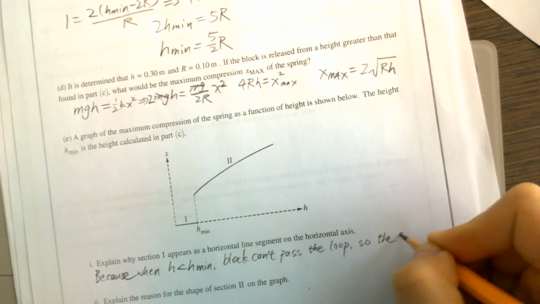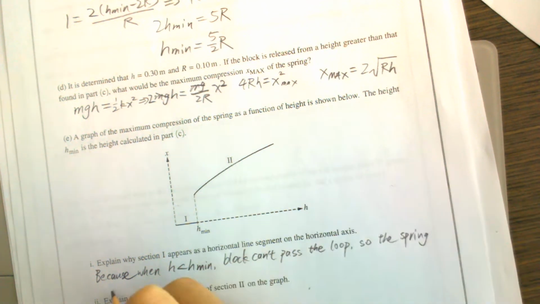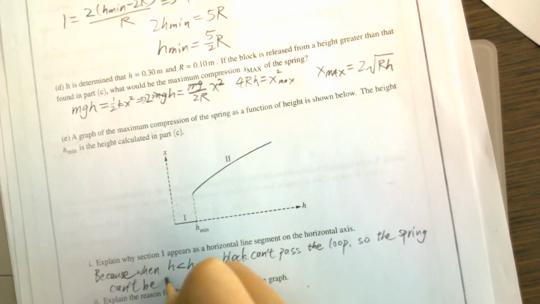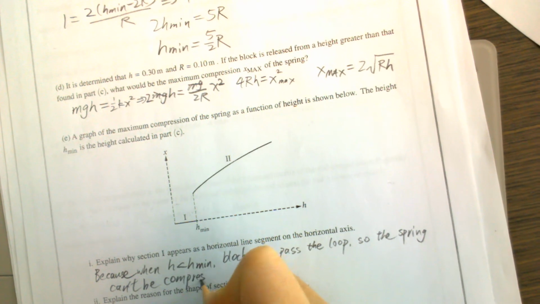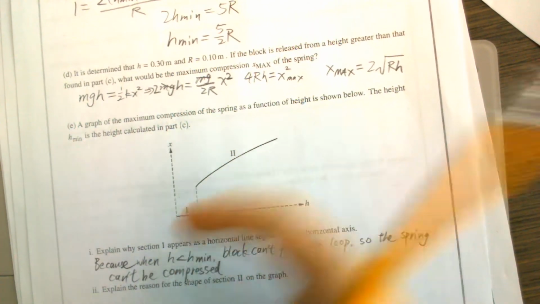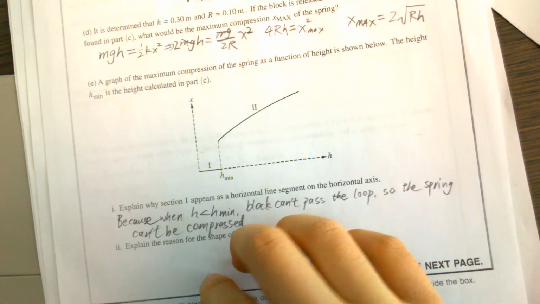So the spring can't be compressed. Right, nothing is compressed, so definitely x should be 0, because it's not being compressed.